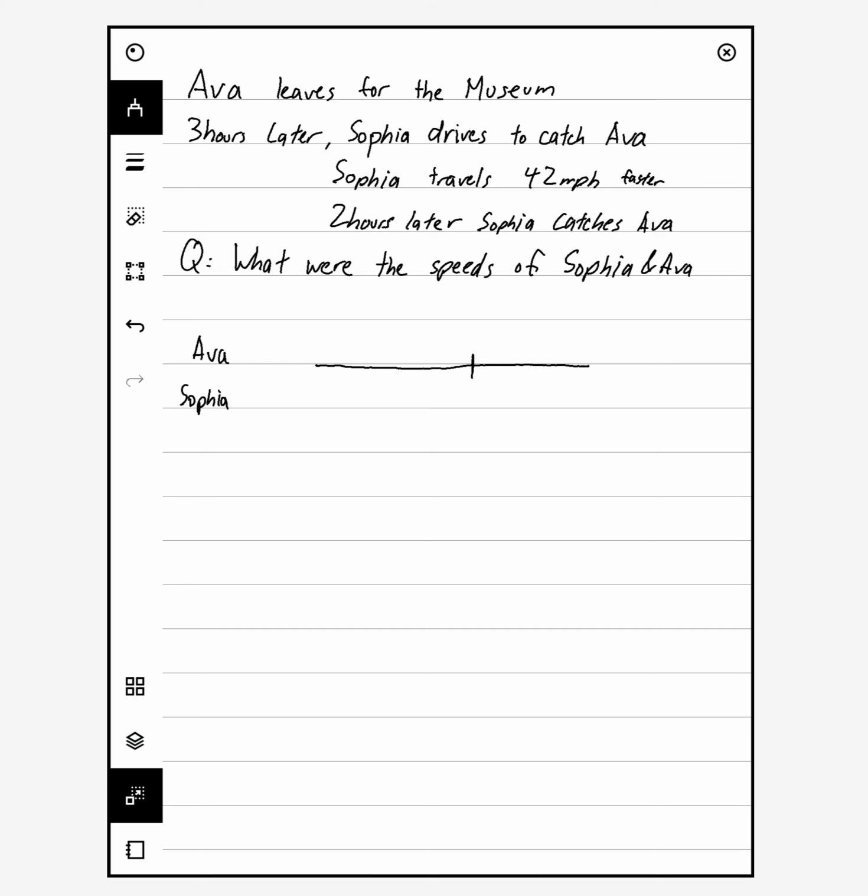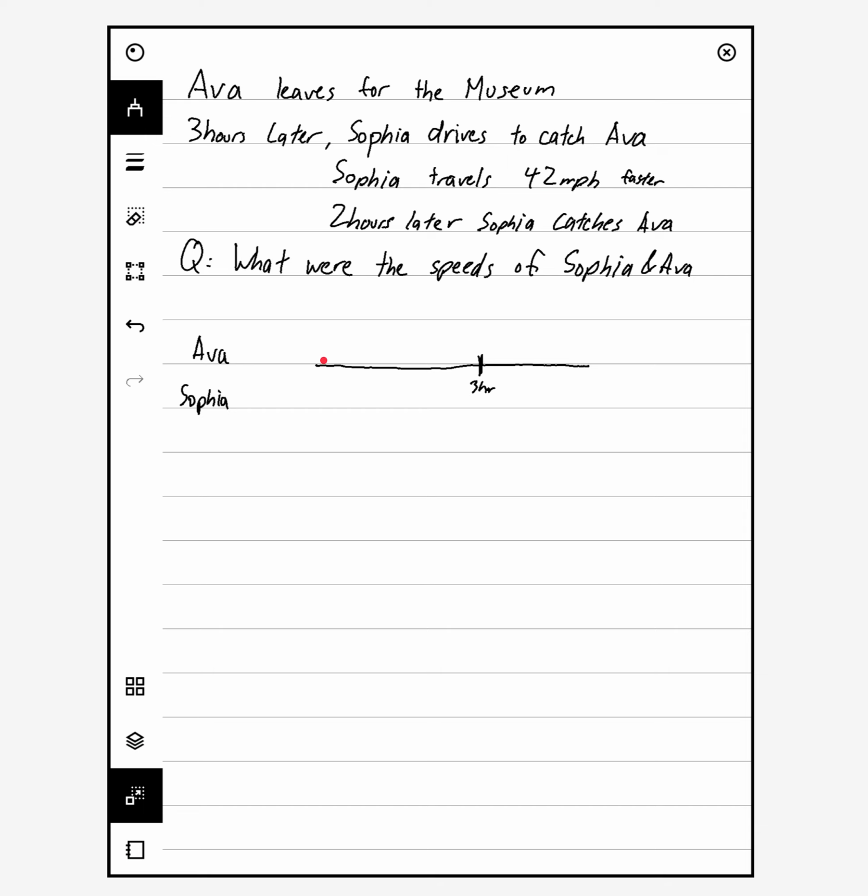Ava is going. How long did Ava travel? Ava leaves, and then 3 hours later, Sophia starts driving. So let's say this is here to here. Let's call that 3 hours.